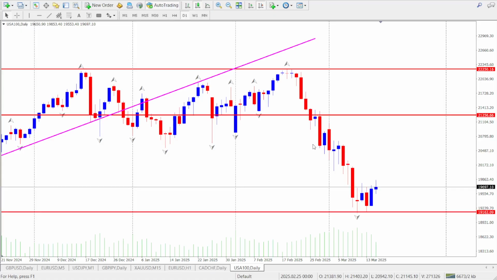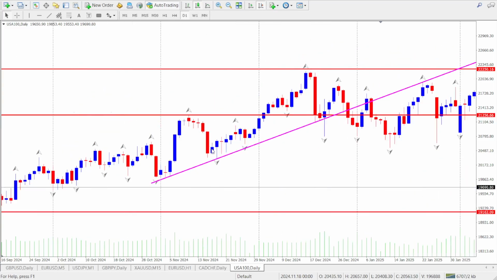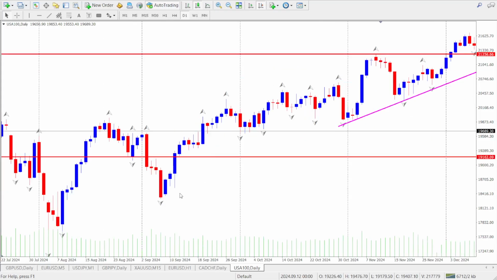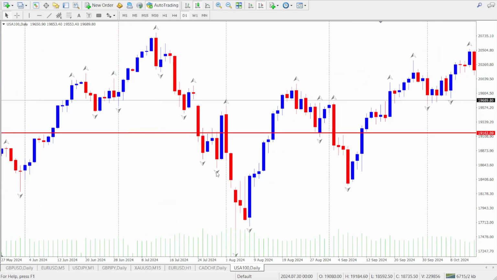For example, a series of bullish fractals near a support zone could signal that the oversold condition is ending, all right? And an upward move might be on the horizon, okay?